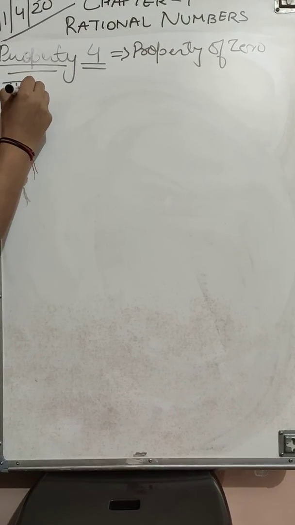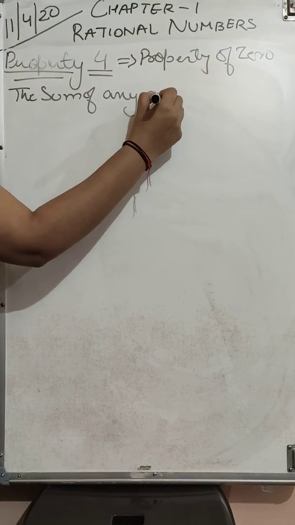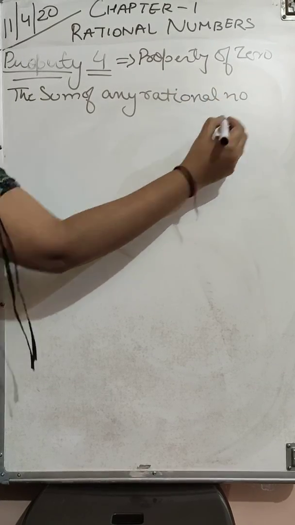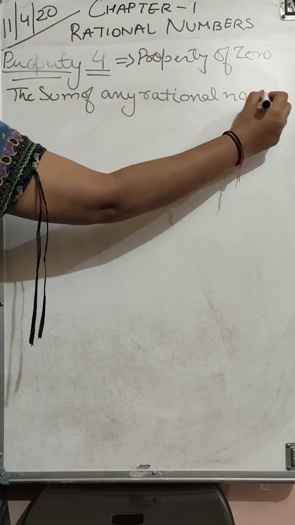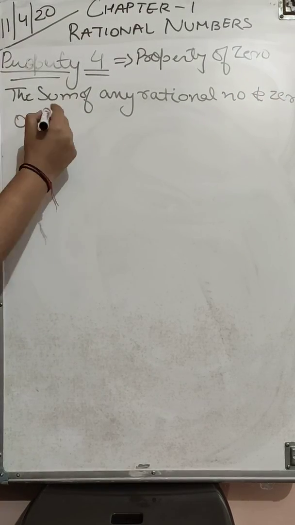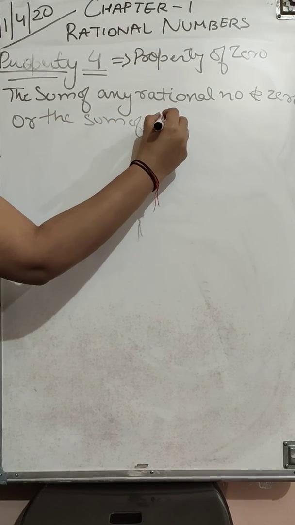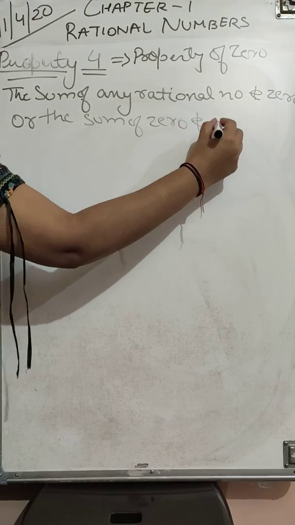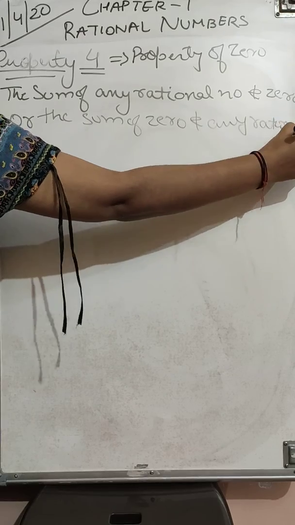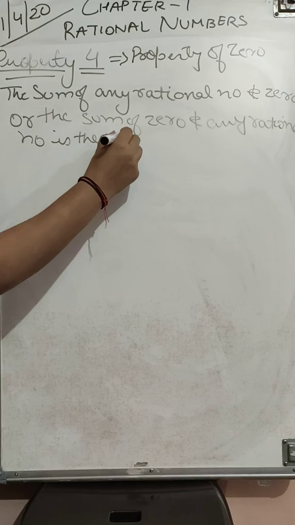The sum of any rational number and 0, or the sum of 0 and any rational number, is the number itself. I am again repeating it. The sum of any rational number and 0 or the sum of 0 and any rational number is the number itself.